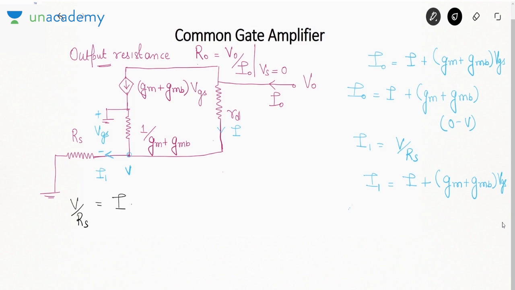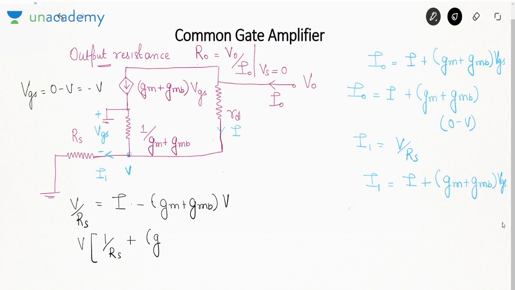VGS is minus V, so I will write minus (Gm plus GmB) into V. So V times (1 by RS plus Gm plus GmB) is equal to I.